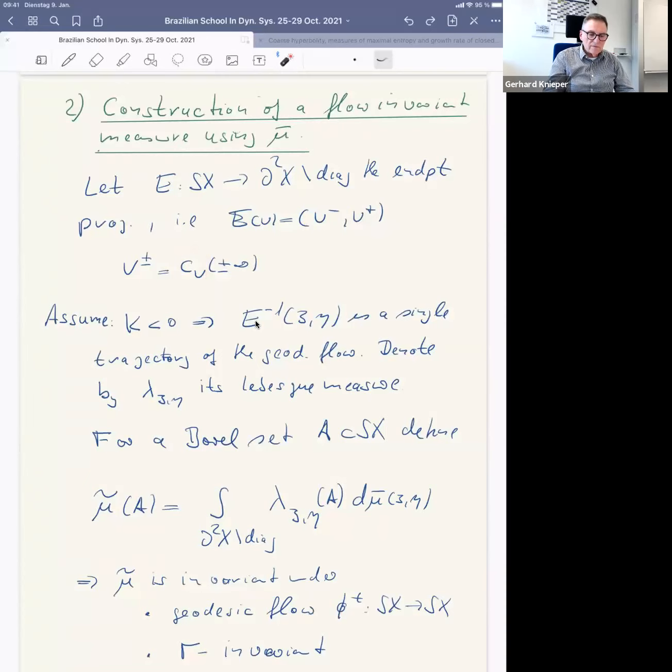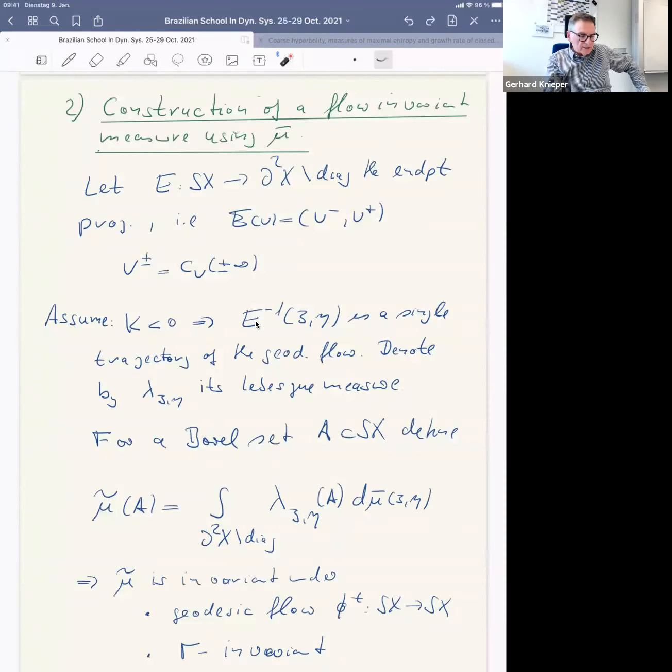And now let me explain the construction, how one does it in the case of negative curvature. Negative curvature is quite easy because a pair of different points at infinity will give rise to a single trajectory of the geodesic flow.